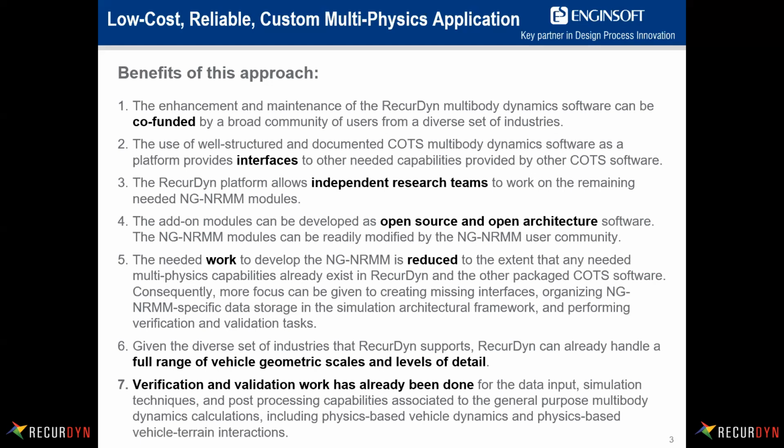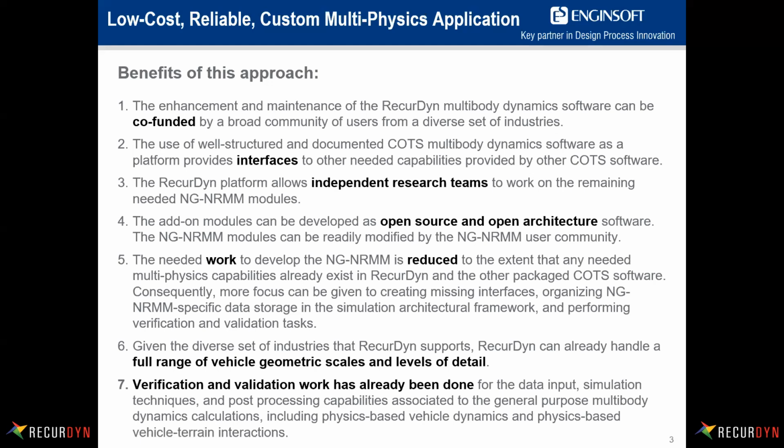The point is they're available to everyone, and then they can freely go and make enhancements to the software, and then those enhancements can be applied to new releases of RecurDyn as it comes out.